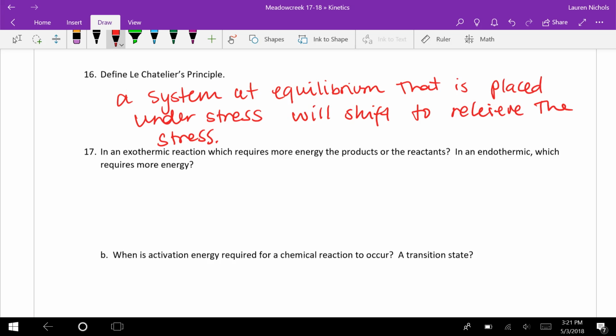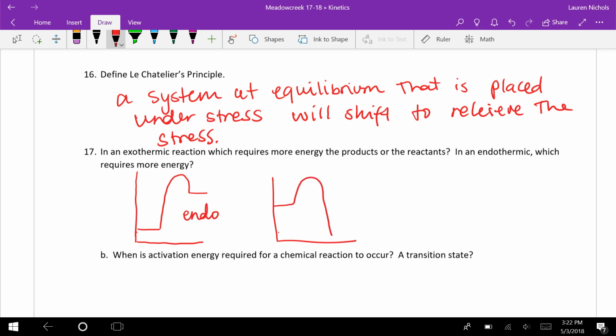In an endothermic, which requires more energy? So that's kind of a confusing wording of this, I'm not going to lie. But if we were to look at an exothermic graph here and compare it to an endothermic graph, oops, I actually drew it the other way around.